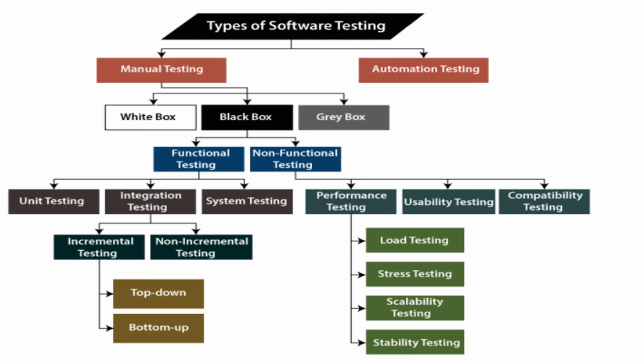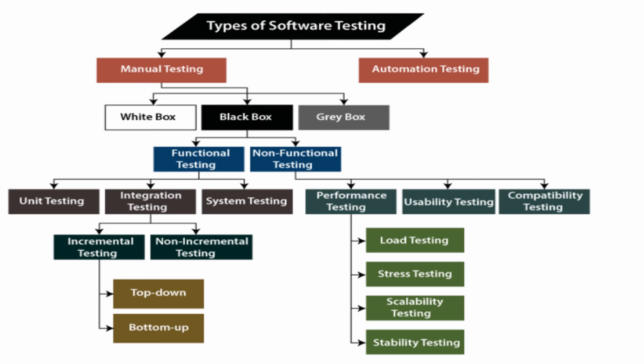And in integration testing we have incremental testing and also non-incremental testing. In incremental testing we have the top-down approach and bottom-up approach. If you are performing integration testing, these things need to be known.